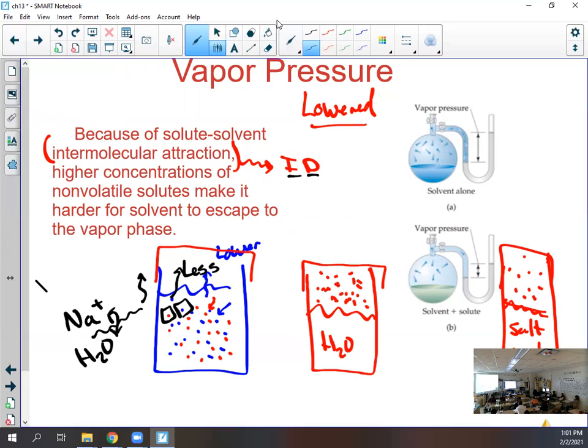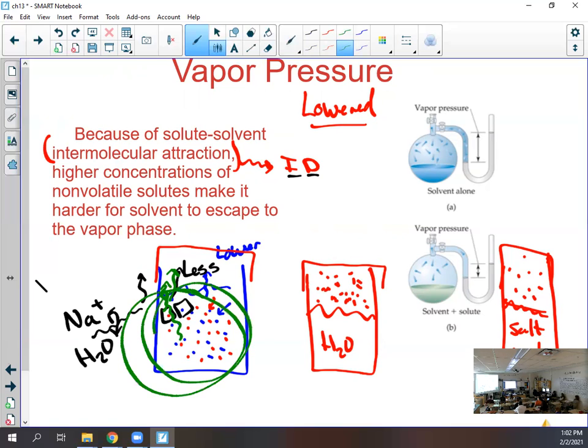Now, if we think about this same thing, it'll come up in a second. If we're saying that less of it escapes, we could also say it takes more energy to make it escape. Does that sort of make sense? This would be the reason why it has a higher boiling point.